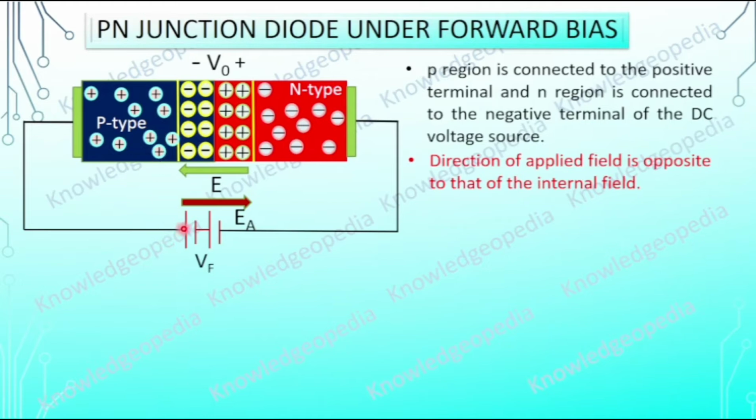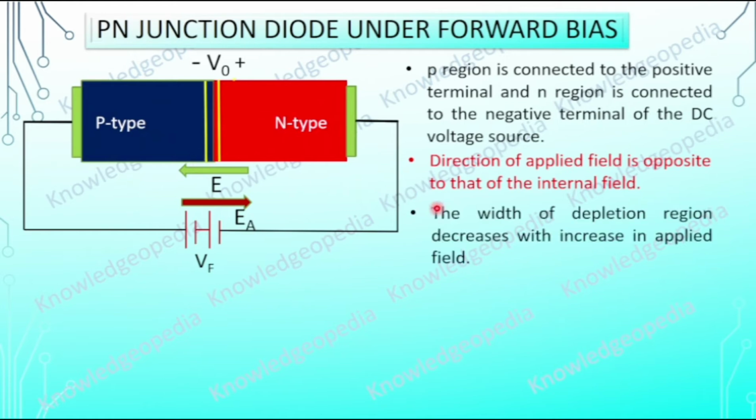Similarly, these holes will also get a repulsion from the positive terminal of the battery, so they will move towards the N side. Once the carriers start moving from one side to the other, the width of the depletion layer starts decreasing. If we increase the value of Vf a little more, this width will decrease further. The width of the depletion region decreases with increase in applied field.